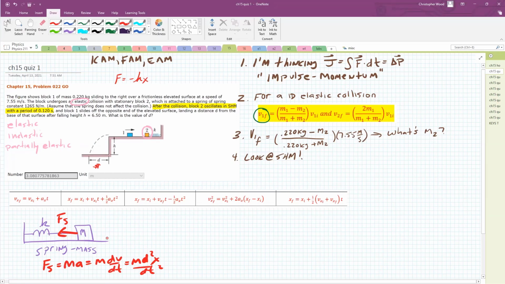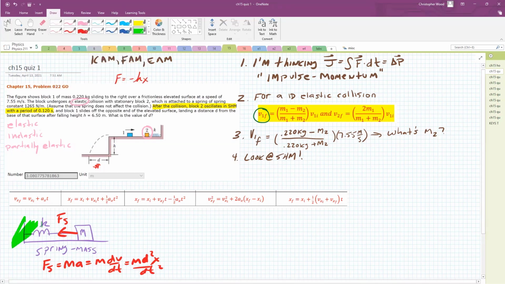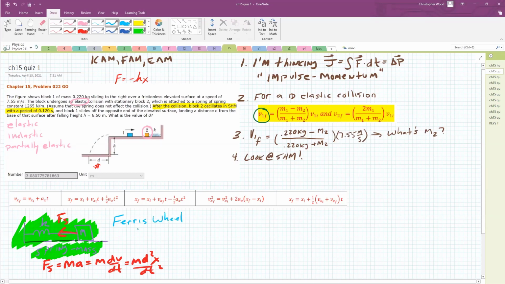You didn't miss much, because all I'm saying is what I said before. Here's a spring mass system. Let me repeat that: M stands for mass, and K refers to the stiffness constant of the spring. We refer to this as a spring mass system. It's an example of a simple harmonic oscillator. What are other examples? A Ferris wheel at Cedar Point is an example of a simple harmonic oscillator.